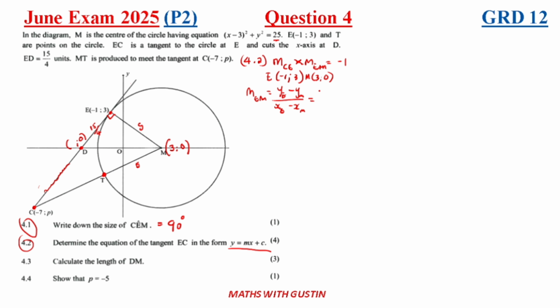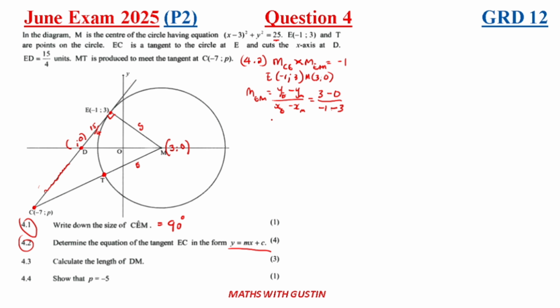So y at E is 3 minus y at M, 0, all over x at E, minus 1, and then also minus 3. Okay, great stuff.